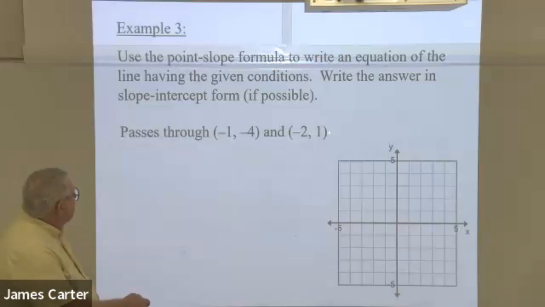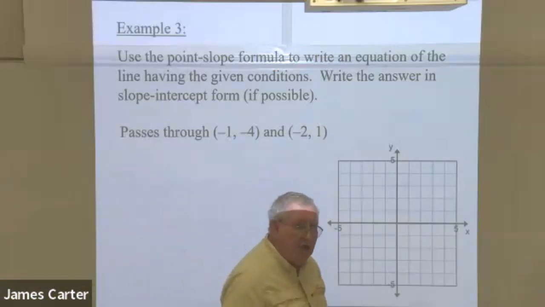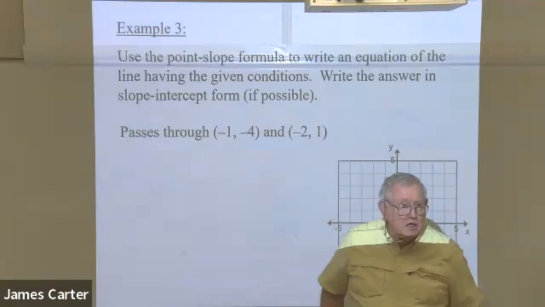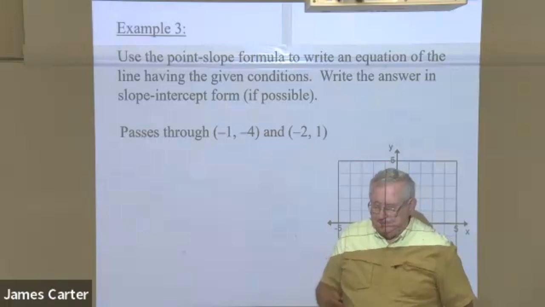Okay, the difference here is they didn't tell us the slope. So we've got to take these 2 points and find the slope using the slope formula. Then after we find the slope, we're going to go back in with that slope in the point slope formula to get the equation of the line.